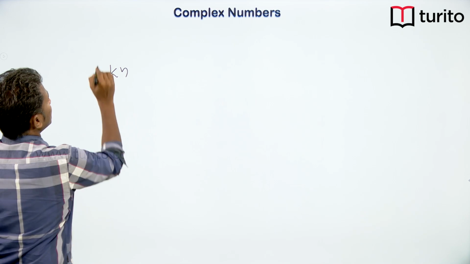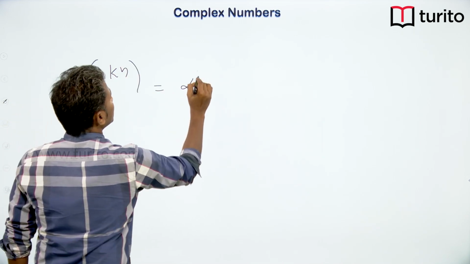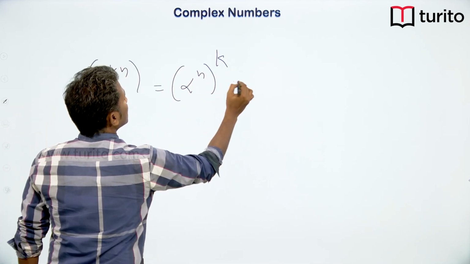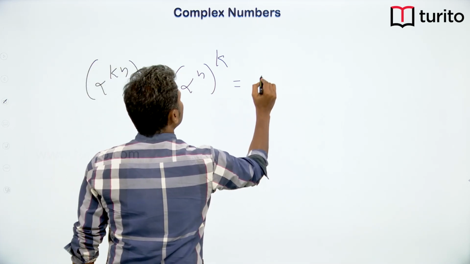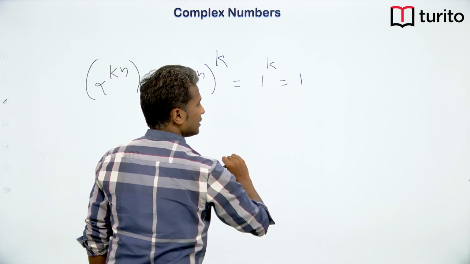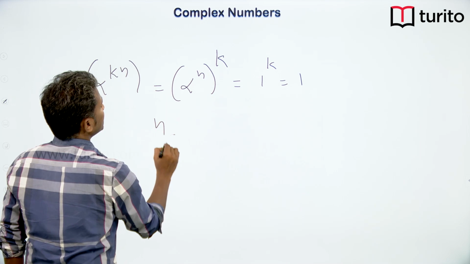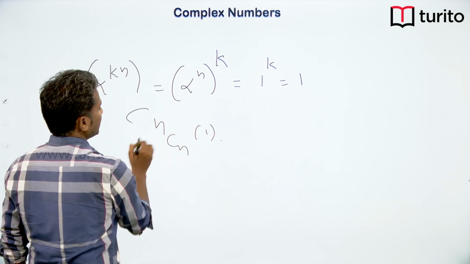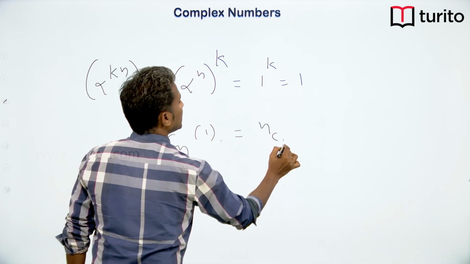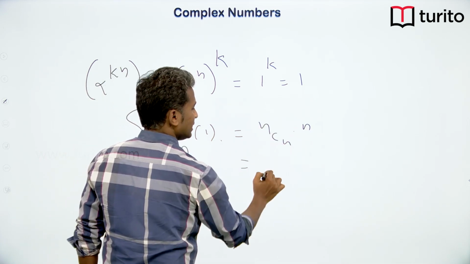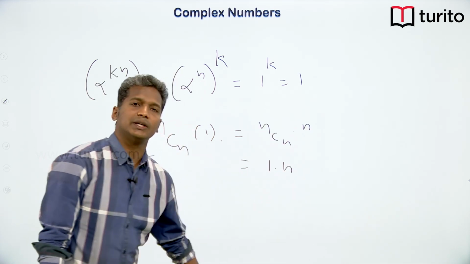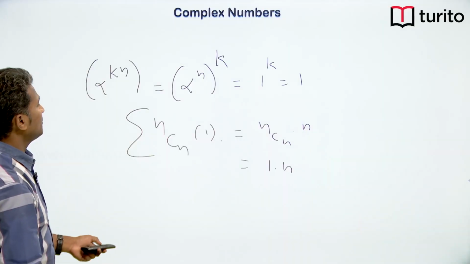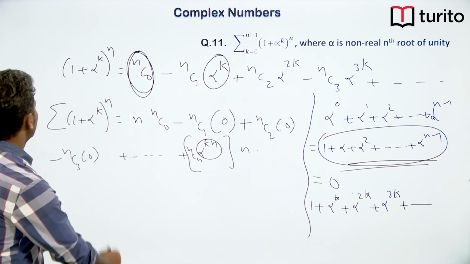Alpha power kn can be written as alpha power n whole power k. Alpha power n is anyways 1. So, this is 1 power k, which is 1. So, the last term is NCN into 1. Now, when we apply sigma over this, we will get NCN into n. NCN is anyways 1, so we can just write it as 1 into n. So, here basically these two terms come like this.